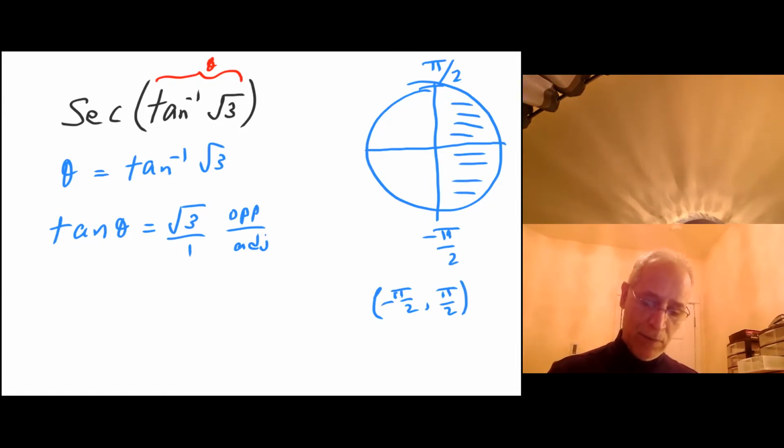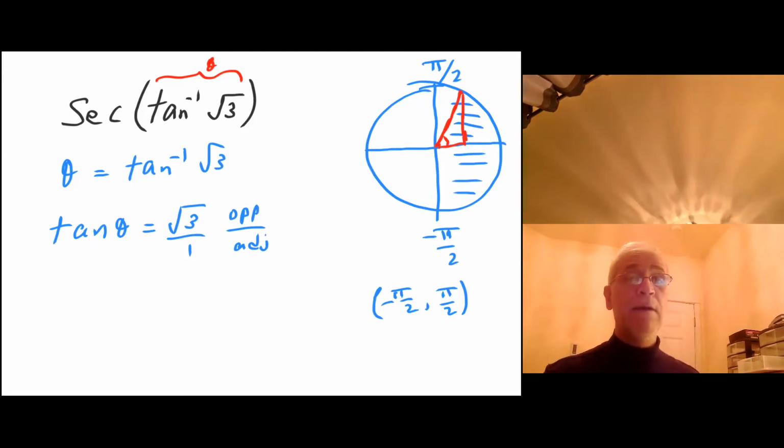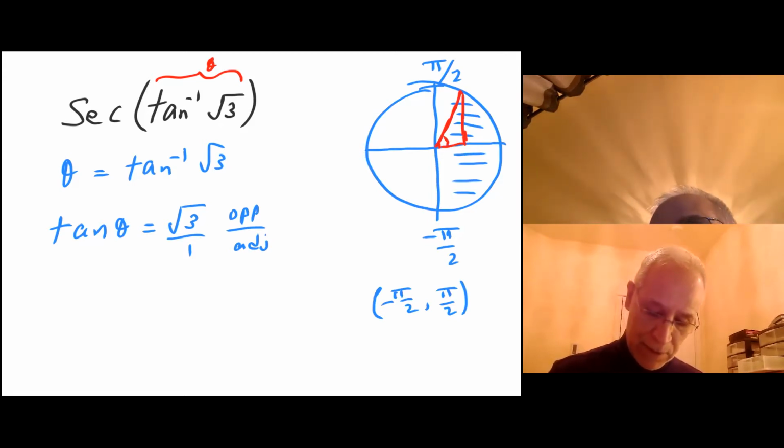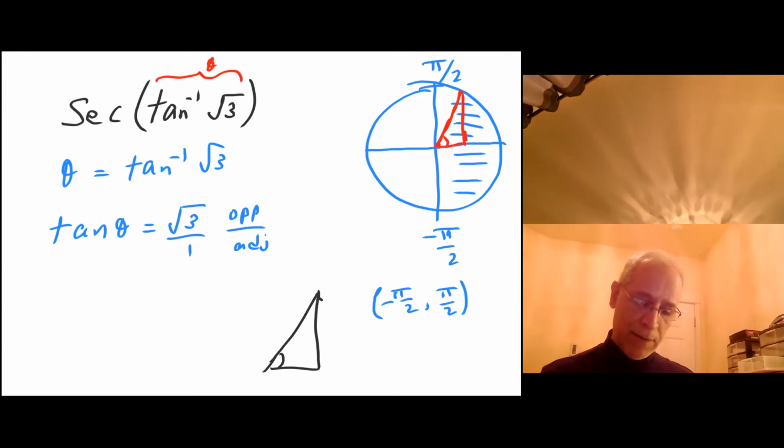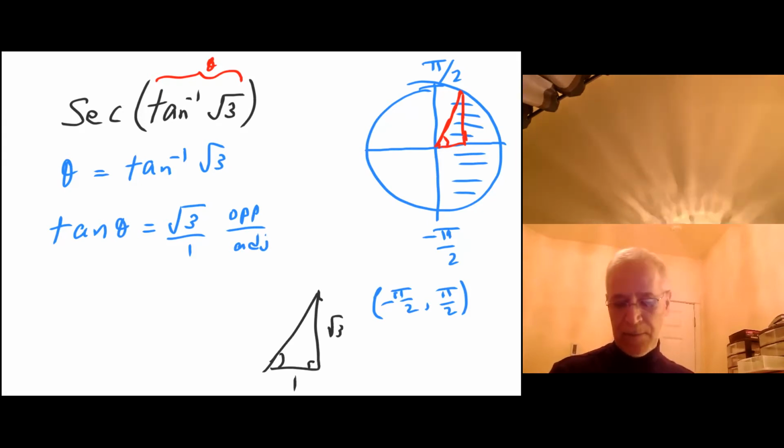Okay, so if I draw a triangle in quadrant 1 with my theta touching the origin, I have a triangle like this. The side opposite is, in this case, square root of 3, and the side adjacent is 1.